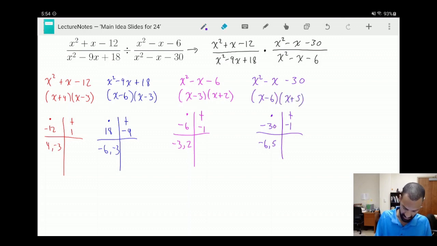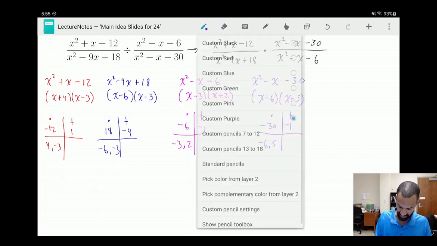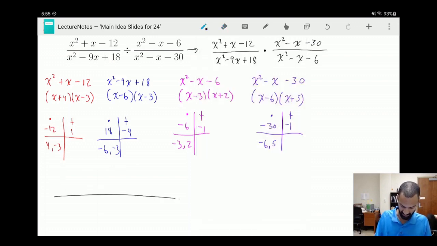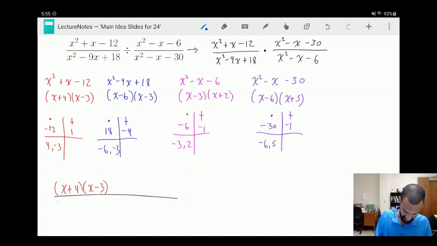Now I have to keep in mind that I flipped the second fraction, so when I write it out I need to be careful of that. So x squared plus x minus 12 is x plus 4, x minus 3. The denominator, x squared minus 9x plus 18, is x minus 6, x minus 3.